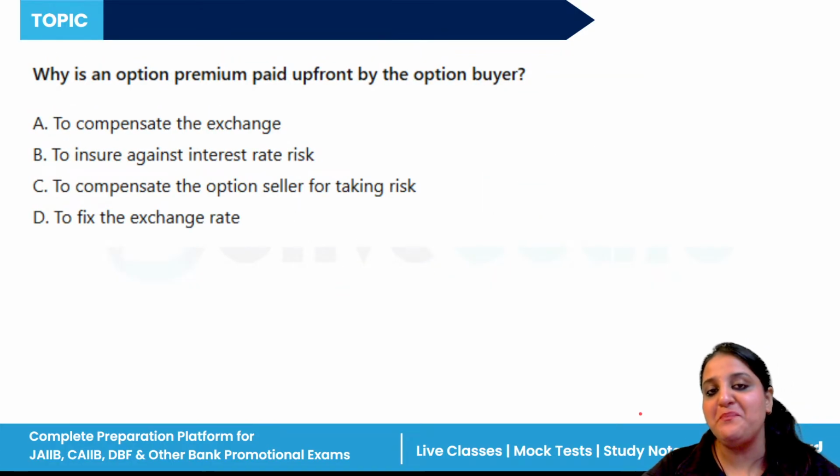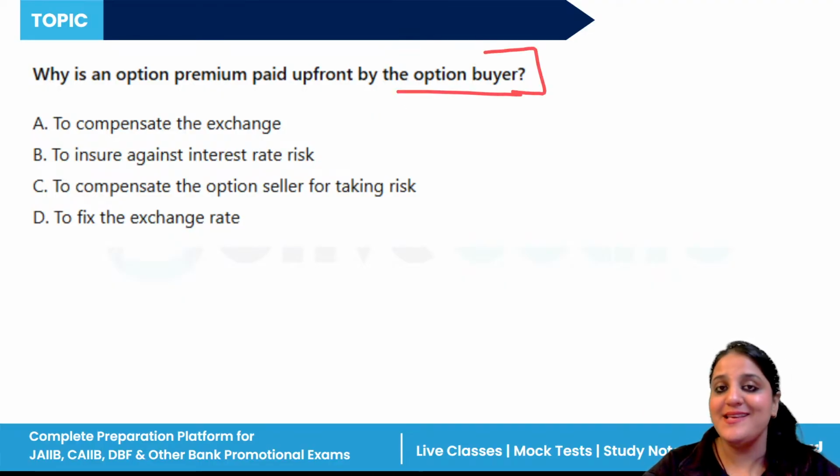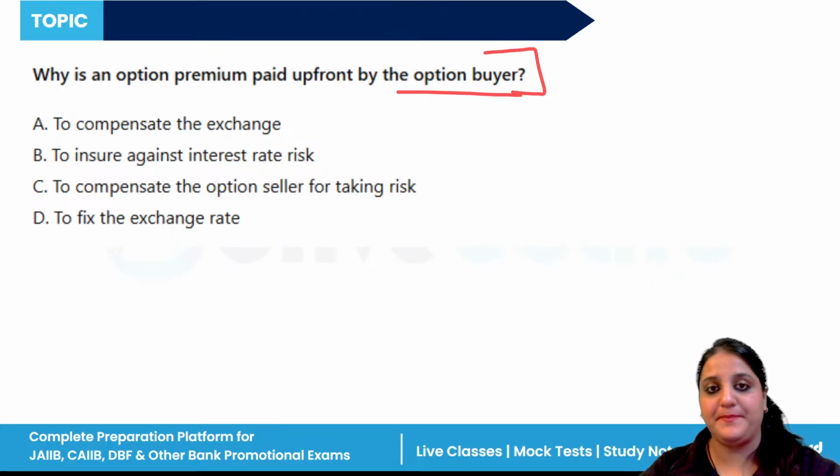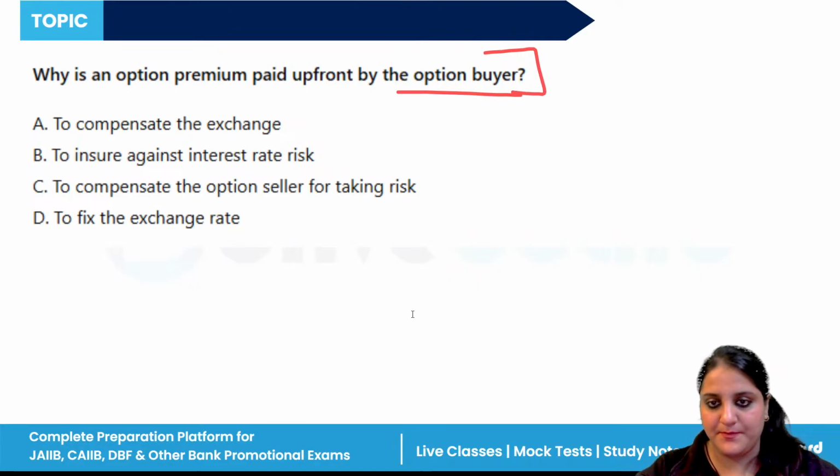Why is an option premium paid upfront by the option buyer? Option C. Option buyer enjoys right without obligation, the ability to choose the better of strike price or market price.